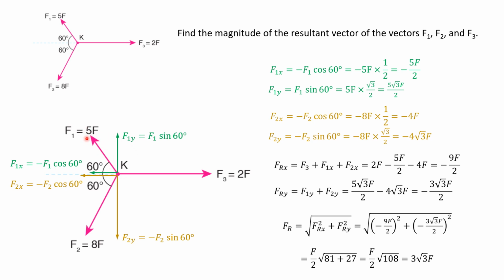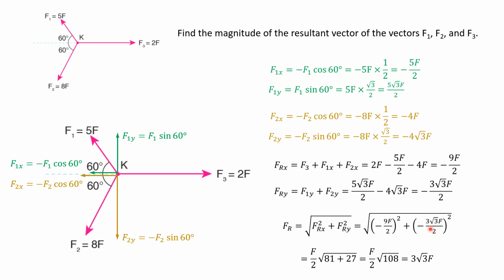Because this is nothing but a right triangle, because you can translate this to here and it forms a right triangle. So the resultant force is just the square root of its x and y components squared and summed together. And we already calculated x and y components.